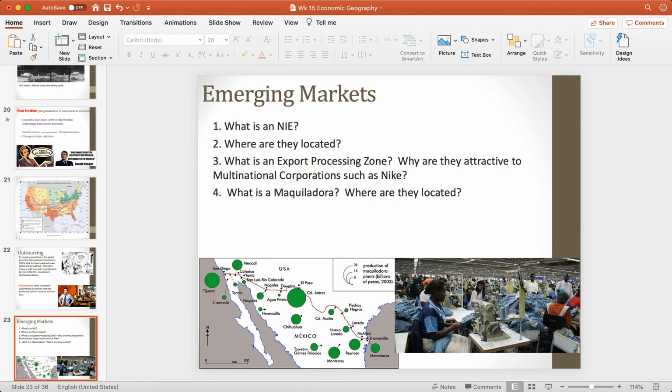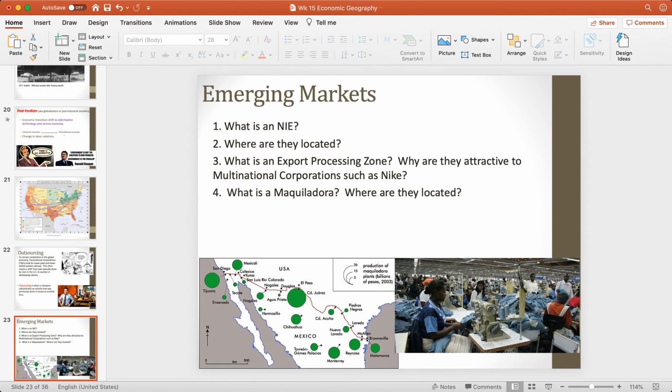All right. So there are different ways of thinking about and categorizing these new markets that became prominent during globalization, a little bit later, like the 1990s into the 2000s. So one is the NIE. Be sure that you know what that stands for and where they're located.